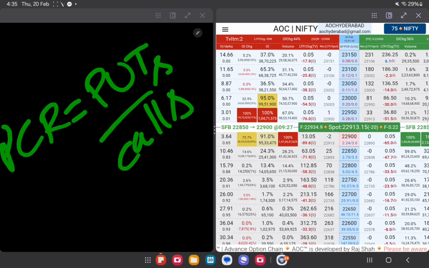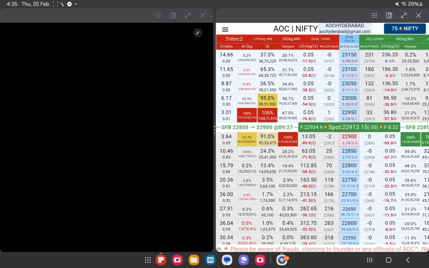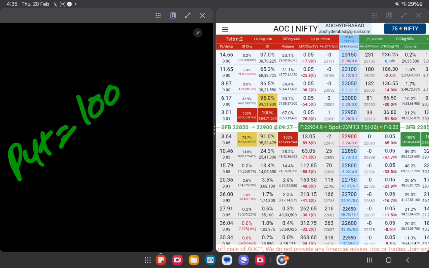PCR, as I already explained, works like this. Suppose in the market the put side data is 100, only 100 contracts, and calls is 50.